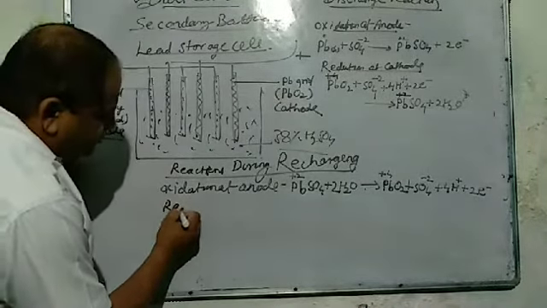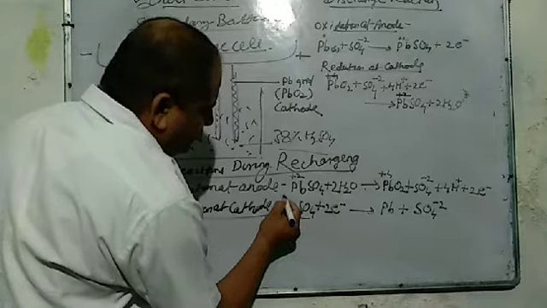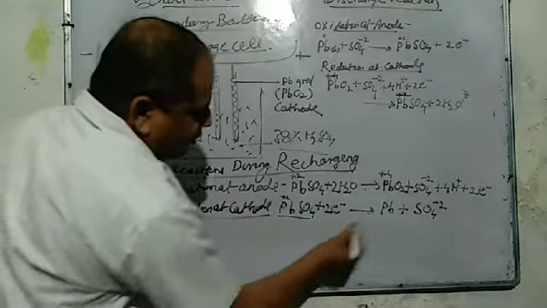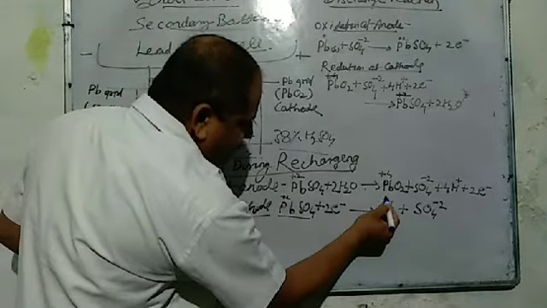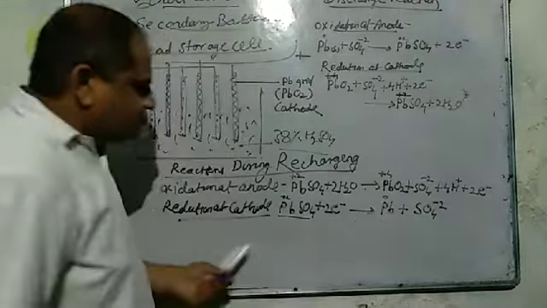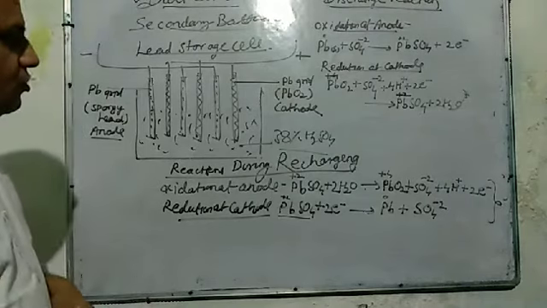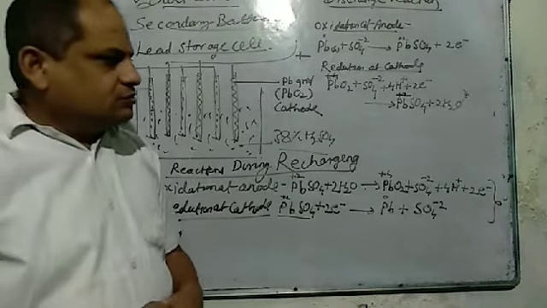As you see, in PbSO4 Pb is in +2 oxidation state and here it is being converted into 0. So Pb2+ is being reduced into 0. So you can say reduction is taking place at cathode. So this is the reverse reaction, or reaction taking place during the recharging of the cell. So the matter ends now. Thank you.